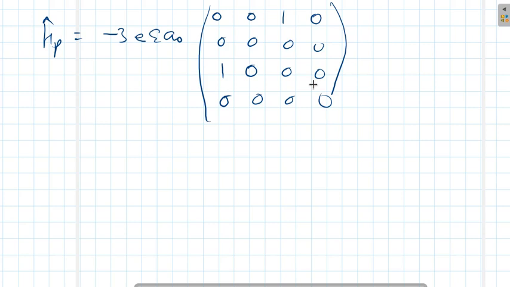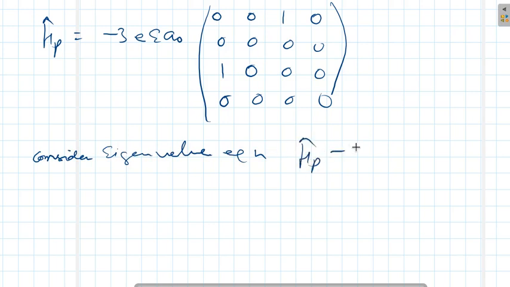Now to calculate the eigenvalues, consider the eigenvalue equation, that is the determinant of H_P minus E_2^(1) times the identity is equal to 0.